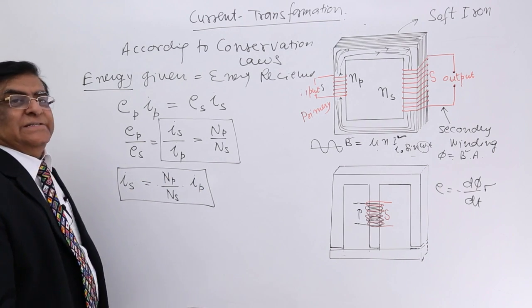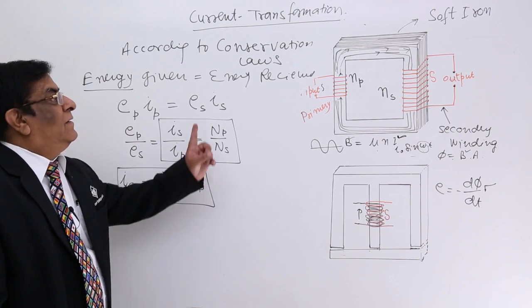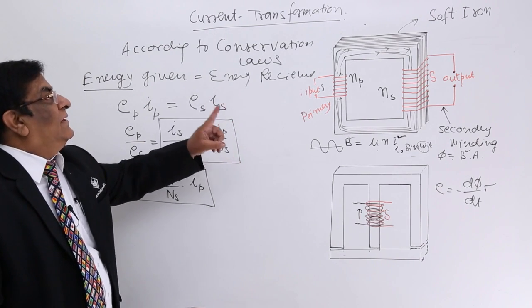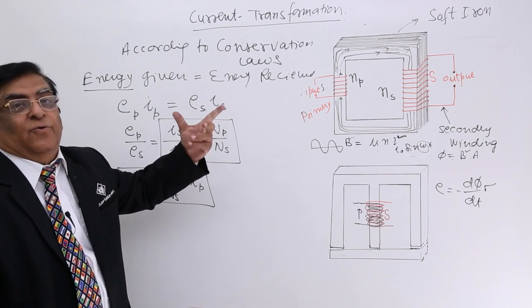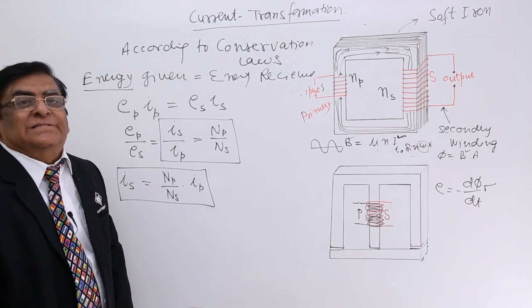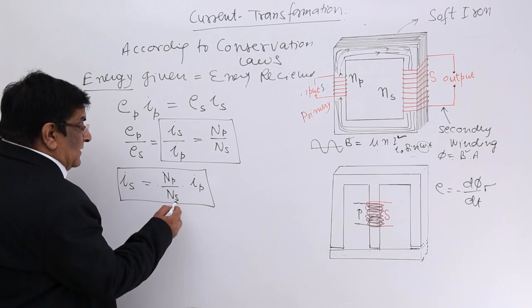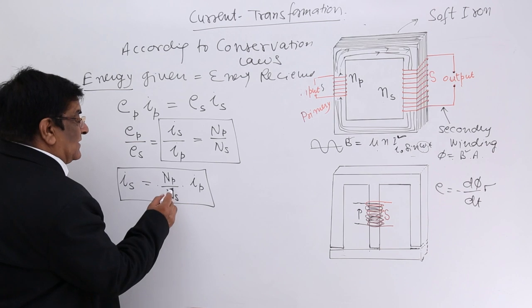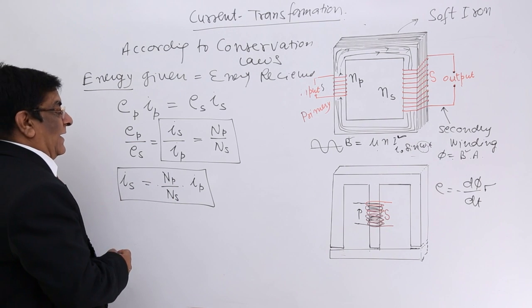Now let's discuss the two cases. There is one transformer whose output is higher voltage. What do you call it? Step up transformer. In step up transformer, number of turns in secondary are larger than number of primary. So how will be the secondary current?